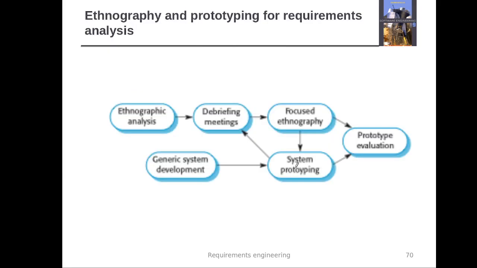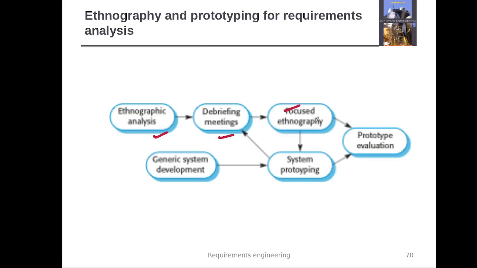Now let me show you this diagram, which relates ethnography to prototyping. You perform the ethnographic analysis, observe people, try to understand the requirements, and have a meeting. You brief them that these are the requirements I have understood, whether correct or not. You do the same with prototypes.